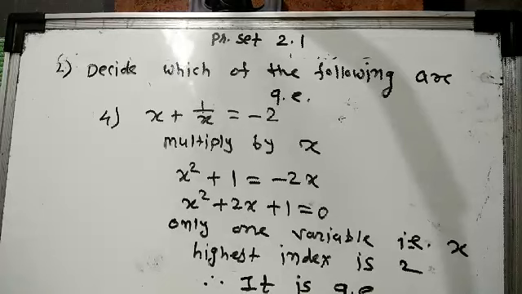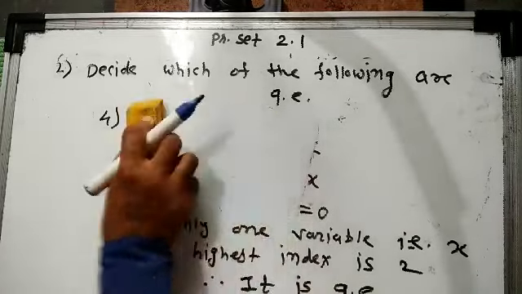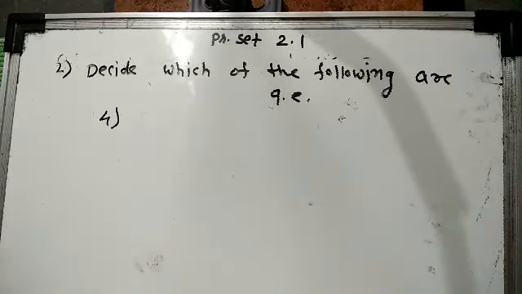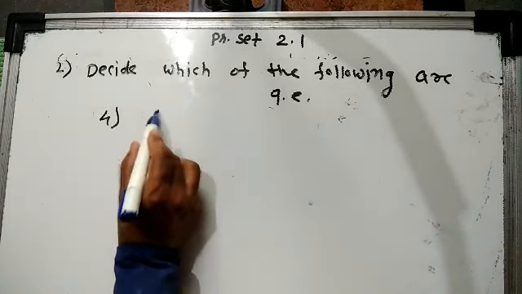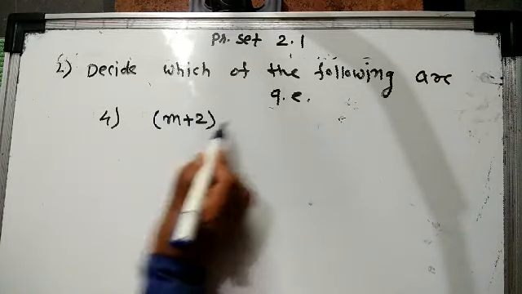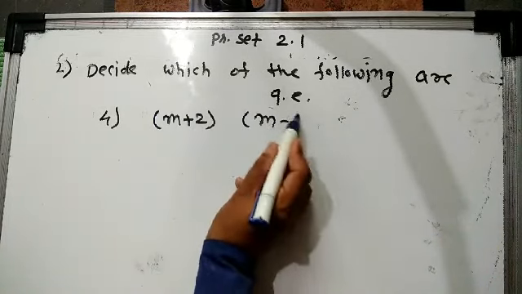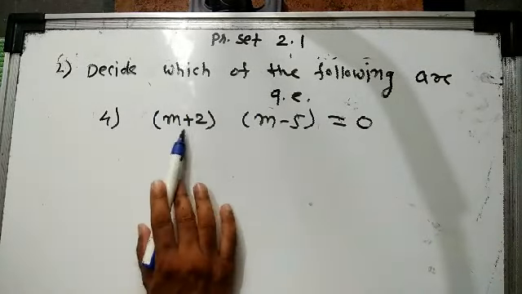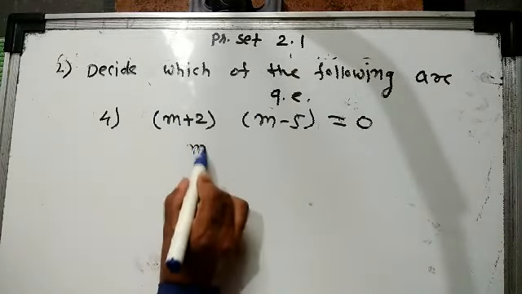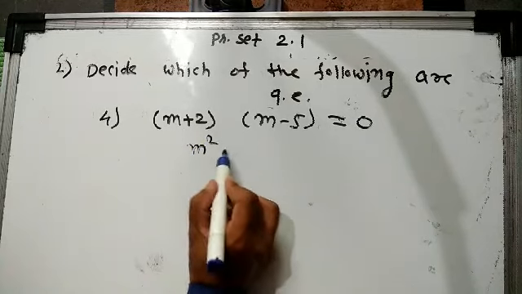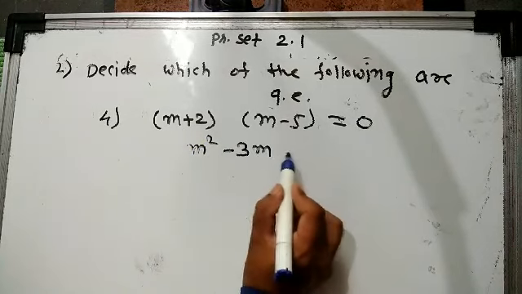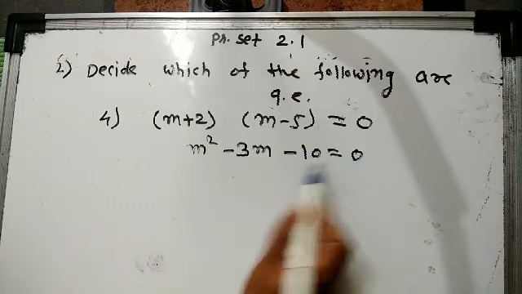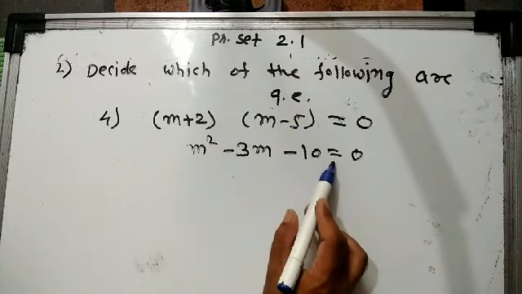Then in the fifth problem, two brackets are given, m plus 2 in one bracket, m minus 5 in another bracket, equal to 0. Multiply these two brackets, what do we get? m square minus 5m plus 2m, that is minus 3m, minus 10 is equal to 0. After multiplying these two brackets we get this.